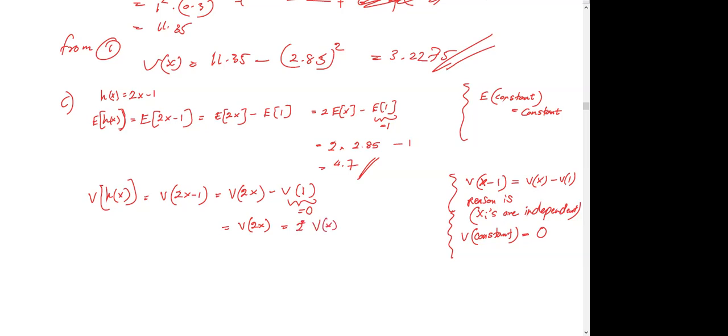You can find the variance of x from part A. It equals 3.2275. So 2 squared means 4 times 3.2275. The answer is 12.91. Okay, clear?